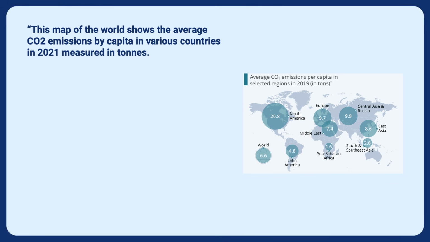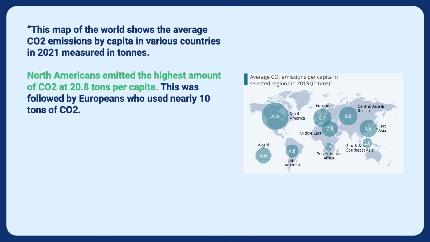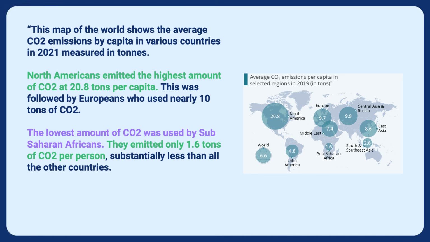This map of the world shows the average CO2 emissions by capita in various countries in 2021, measured in tons. North Americans emitted the highest amount of CO2 at 20.8 tons per capita. This was followed by Europeans who used nearly 10 tons of CO2. The lowest amount of CO2 was used by sub-Saharan Africans.